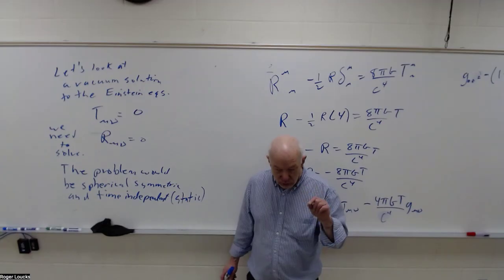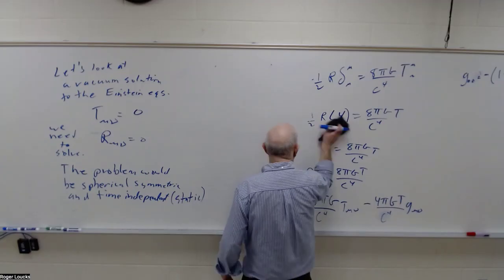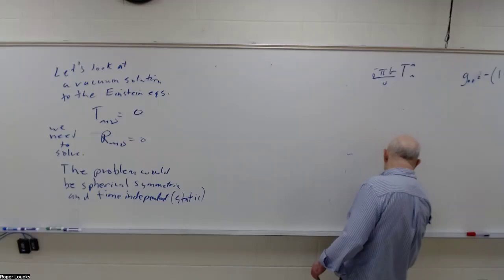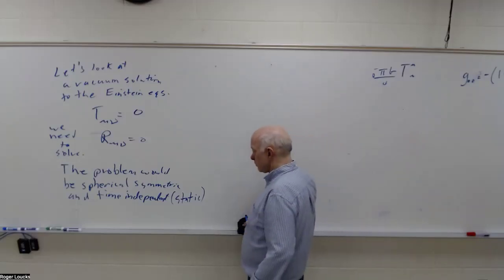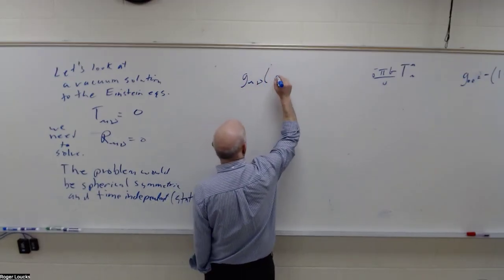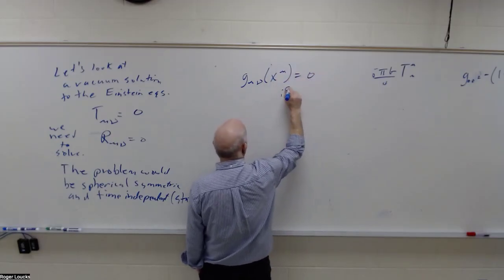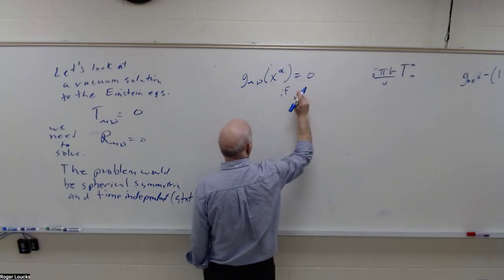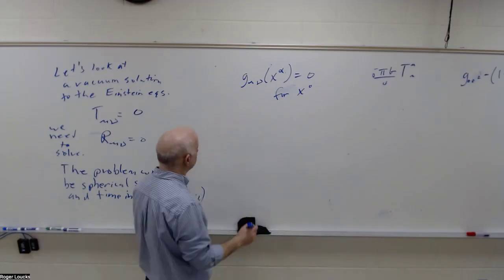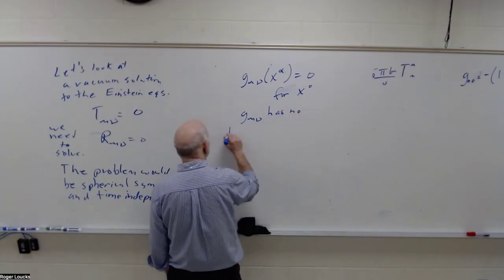So that means all the little g mu nu's can't depend on time. So the derivative of g mu nu with respect to x 0 has to equal 0. In other words, g mu nu has no time dependence.